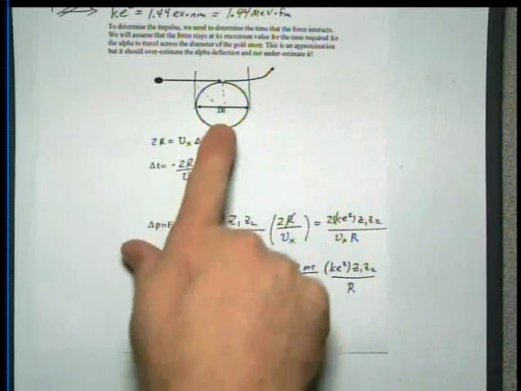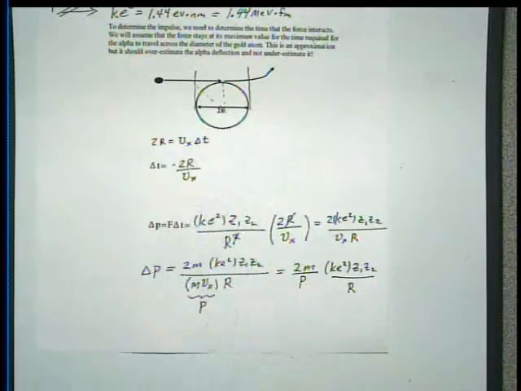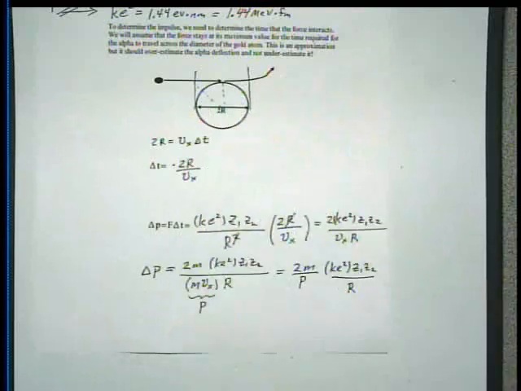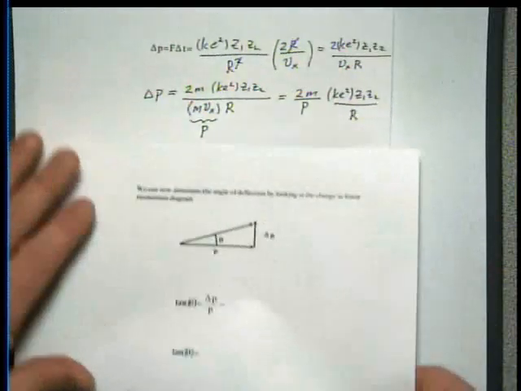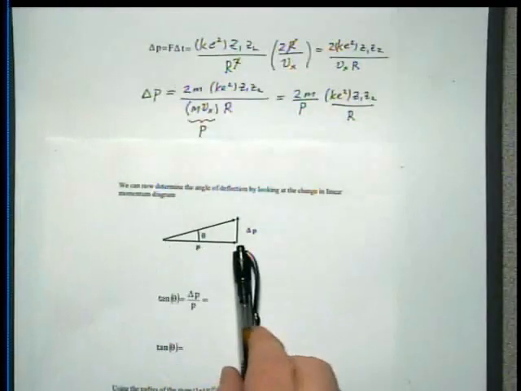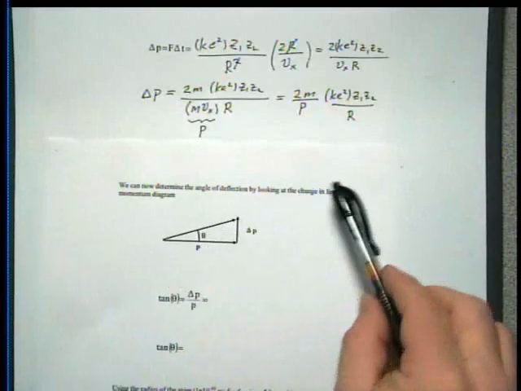So that atom is on the order of angstroms. The distance to my screen is on the order of centimeters, meters long. So after it sees this force, it's basically a free particle and travels in a straight line. I'm going to treat it as such. So there's P, there's delta P, and it's going to travel like this in a straight line until it hits the screen.